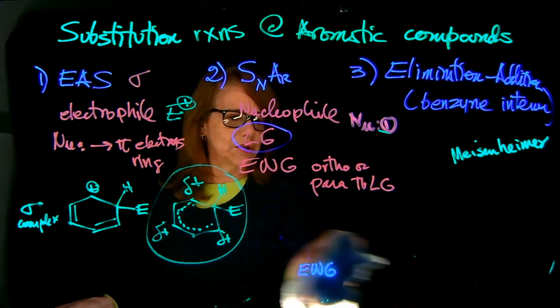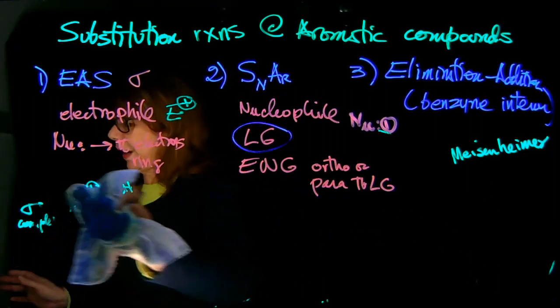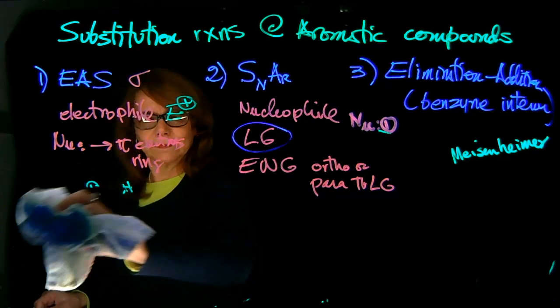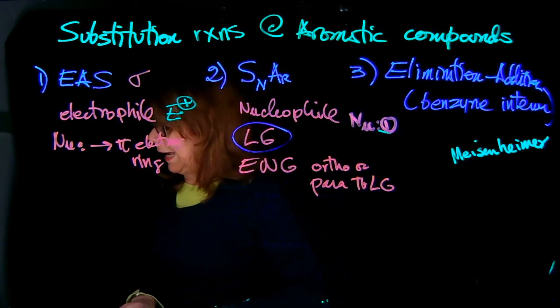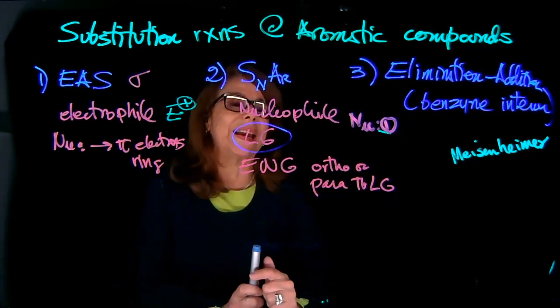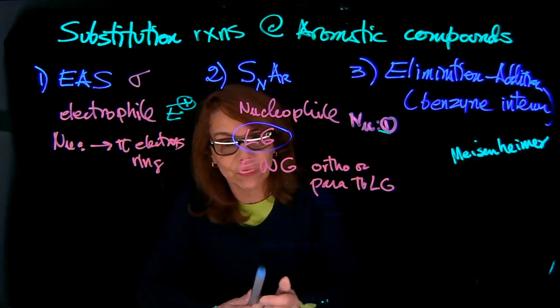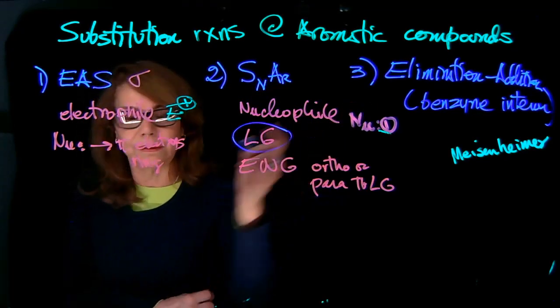Some reactions, if you don't have an electron withdrawing group, these reactions can happen, but at extremely strong conditions. Say, if you have a substrate, the third mechanism.